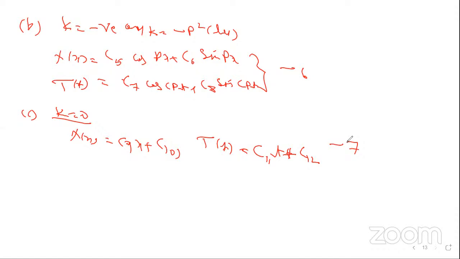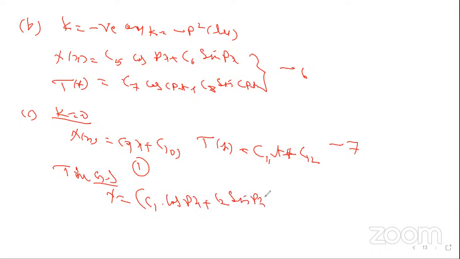The general solution of equation 1 is given by y equal to (C1 cos px plus C2 sin px) into (C3 cos cpt plus C4 sin cpt).